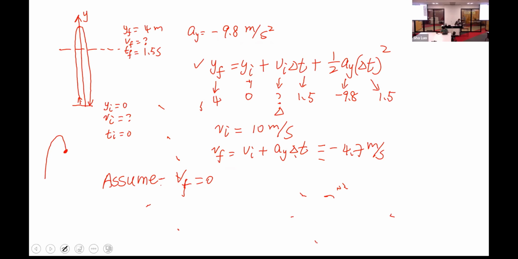You need to check what the final displacement is in this case, which equals 11 meters, which is more than 4 meters. This tells you that your assumption is wrong, right? So if you make assumptions in your solution, please prove whether your assumption is valid.